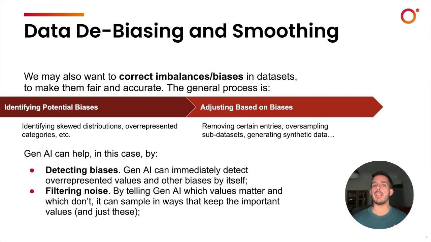And then GenAI is also good at filtering noise itself, right? So if you tell the LLM what are the values that matter and what are the values that don't matter, it can sample the dataset in a way that keeps the important values in just those values. For example, if we're talking about customers for a lending dataset, and the location really matters, but other fields such as the person's name or their address don't matter at all, only the aggregate location, then you can tell GenAI, hey, can you please balance this dataset by taking the underrepresented locations or the job income or whatever it is and making sure that the dataset is diversified in terms of these values.